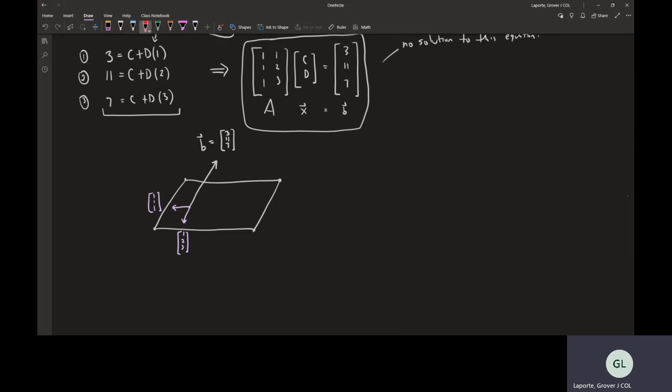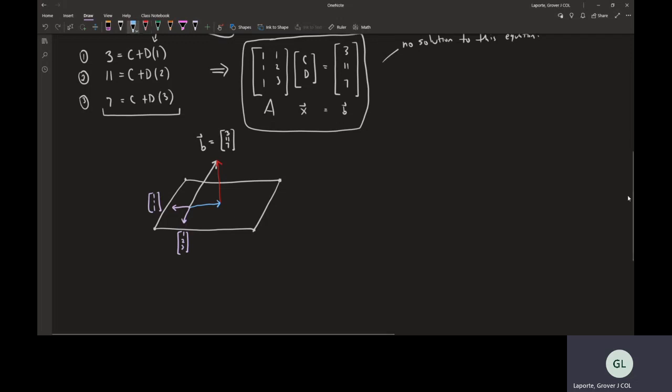So what happens, and I'm going to put it in red, is I want to come straight down from the B vector, and I want to end up in the plane. So hopefully I can draw a decent, relatively straight line. This is also going to be a vector here.